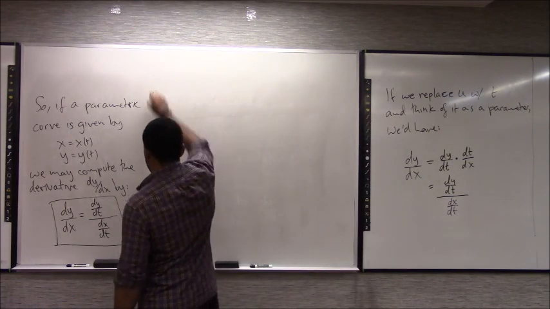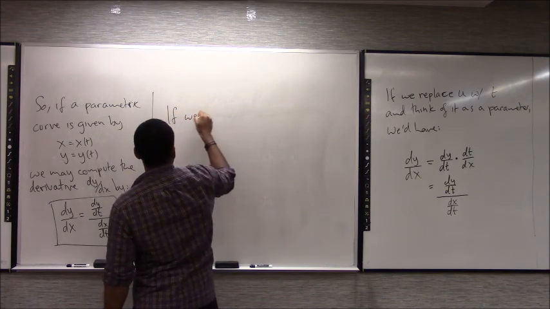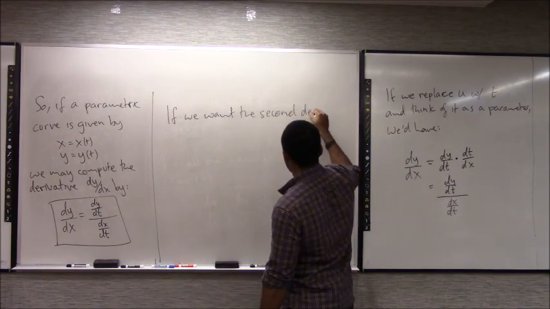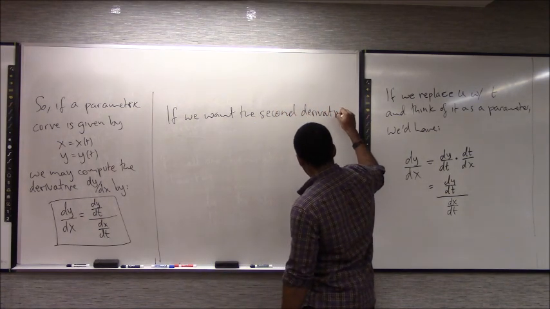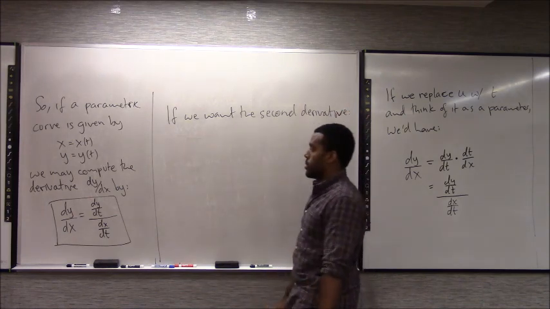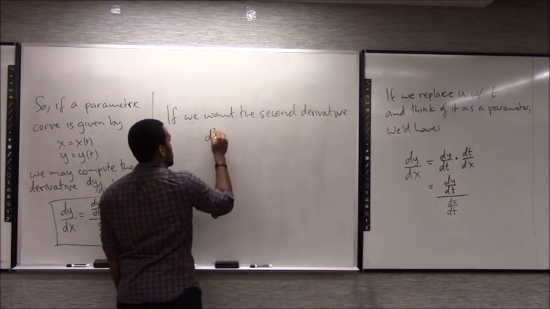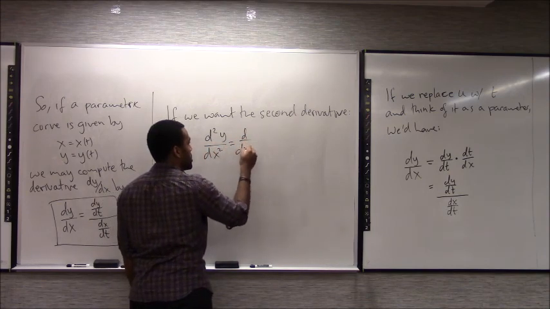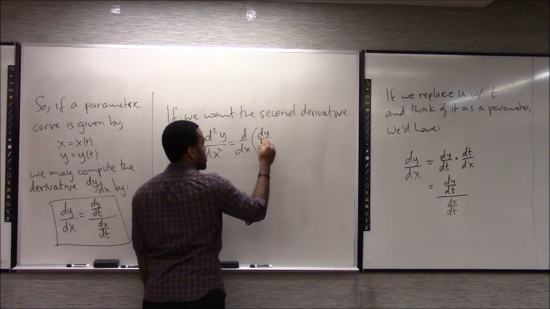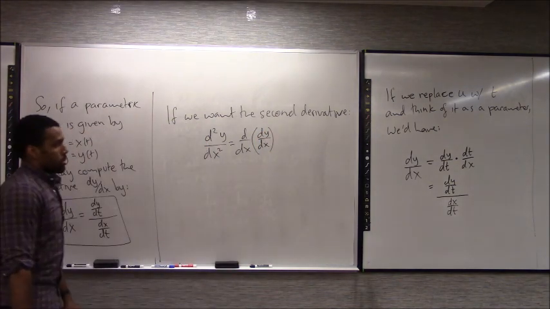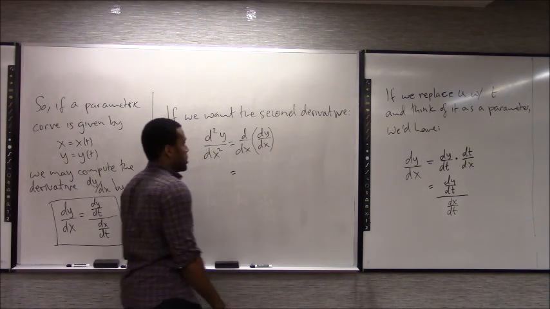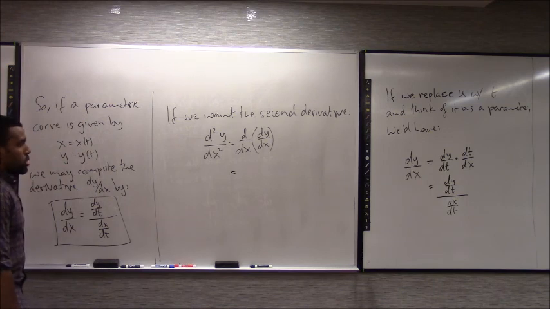One thing we would also know, if we wanted the second derivative, this is just d squared y dx squared, but we all know that we really think of that as just d dx of the dy dx. And we can pretty much think of this dy dx as the new function, right?